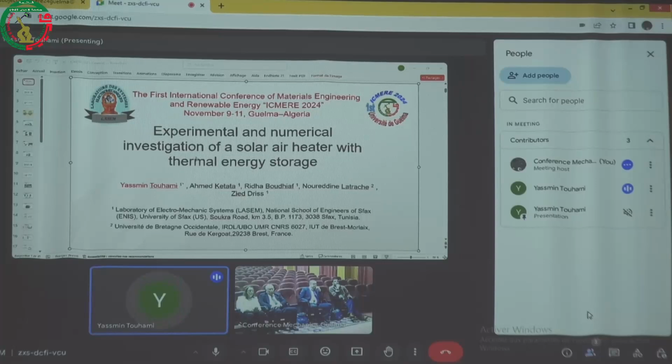There are 3 ways to exploit solar energy: producing heat through a thermal collector, producing electricity directly from the sun using photovoltaic cells, or through a thermodynamic system by heat production such as a solar chimney. In this presentation, I will focus on thermal energy. There are many types of solar thermal application, including the simple solar air collector.